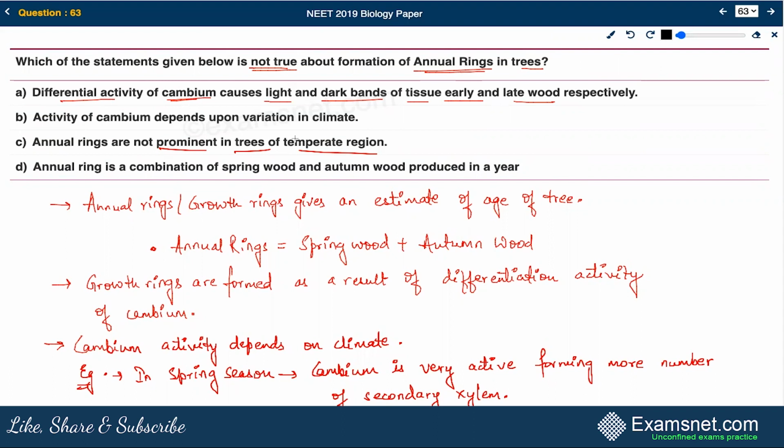In the tropical region, the annual rings will be more, but in the temperate region, the annual rings will be fewer, but yes, they are prominent. So definitely this is the incorrect statement that we can see here.